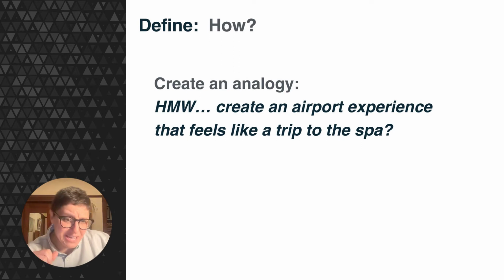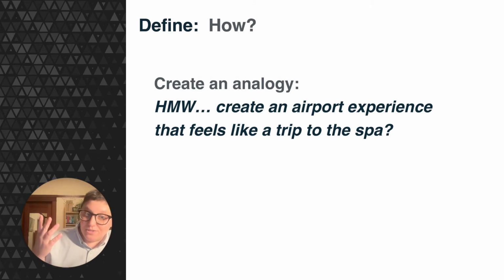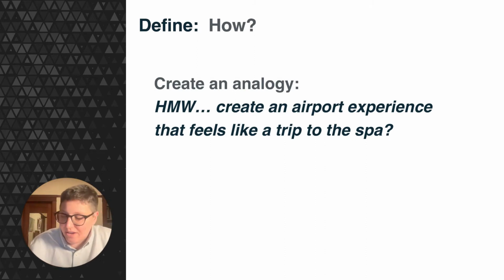You can think of many different analogies to bring into the problem. If you're thinking about how to bring people together to have fun, maybe you would use summer camp as an analogy. Or if you're trying to convey information quickly to people, maybe you would use IKEA instructions. So there are lots of different ways to bring in those analogies.